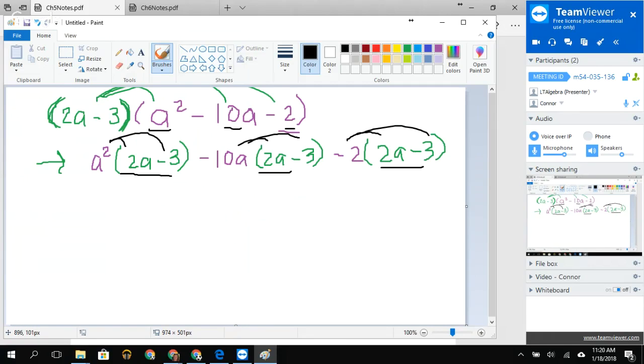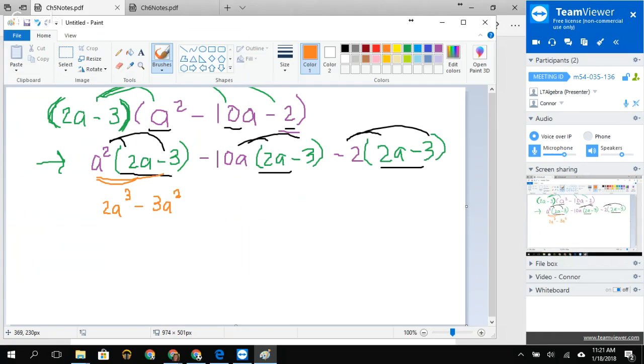Okay, so a squared times 2a, this first term, is 2a cubed. Then I have a squared times -3, so minus 3a squared.